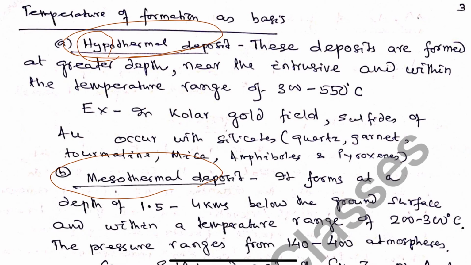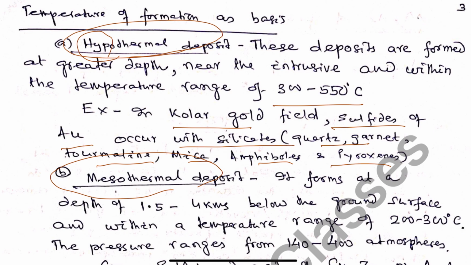So the hydrothermal fluid at a greater depth, in a temperature range of 300 to 550 degrees centigrade, gives rise to economic mineral deposits such as Kolar gold, sulfides of gold that occur in silicates, quartz, garnet, tourmaline, mica, amphiboles and pyroxenes.